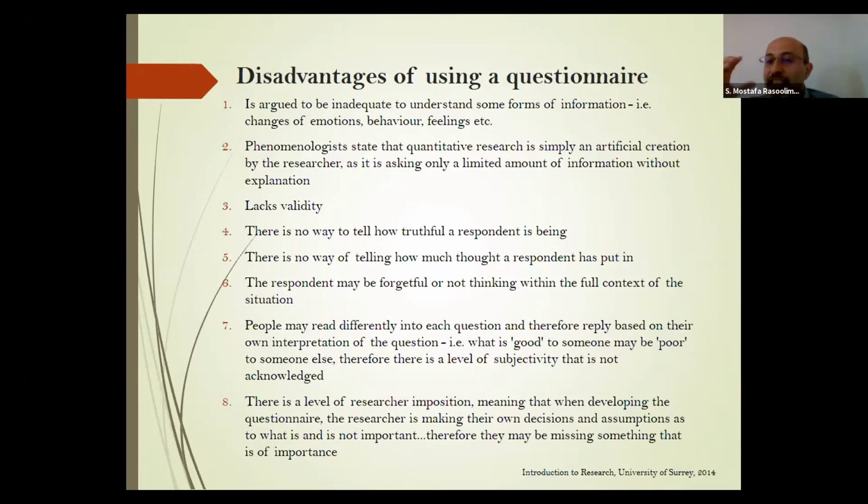So we check different types of validity to make sure about validity of our data, validity of our research and result, right? So here it says lack of validity. This is a sign for us that validity is very important. And when we use questionnaire, we need to make sure about validity of our questionnaire, validity of our instrument, and validity of our data, right?